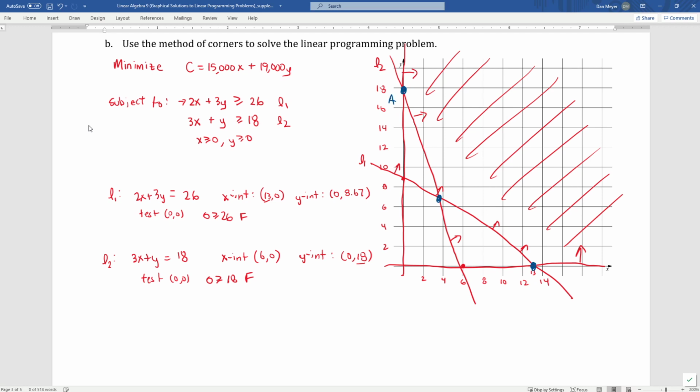So if I label them A, B, and C, A and C are intercepts for these lines. So when we go to make our table, A is the point (0, 18). That was the y-intercept for the second line.